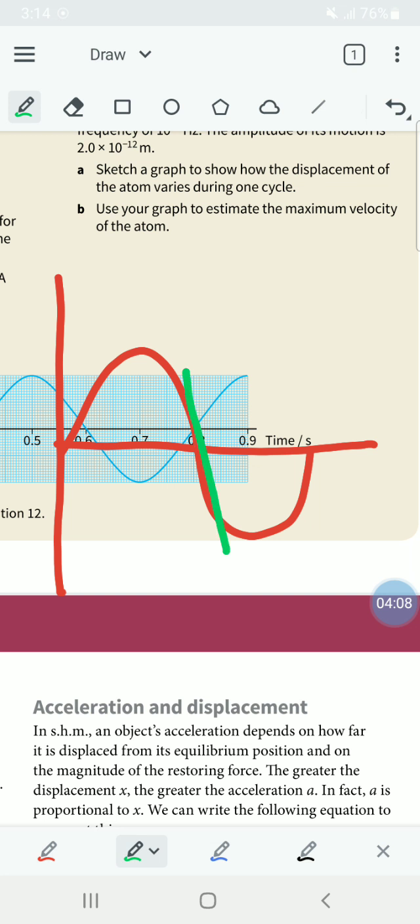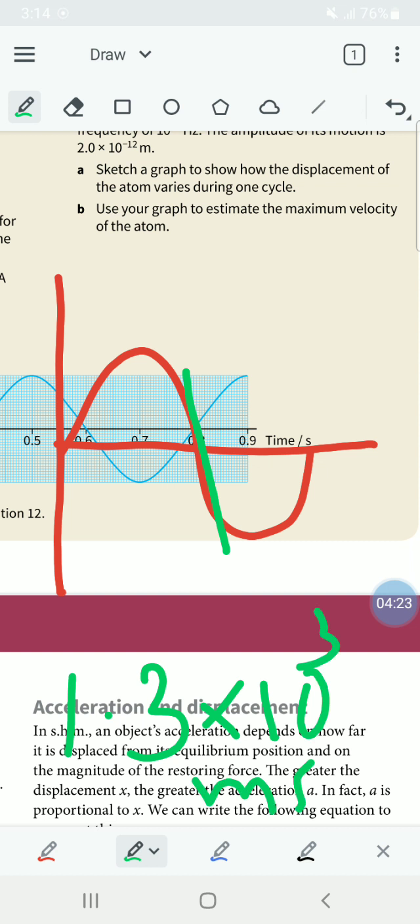So you draw the tangent and then find the gradient at the steepest point, and if you have done it right, you would get somewhere around 1.3 into 10 to the power 3 meters per second as the answer. I'm pretty sure you must have got it. If you have any doubts, please raise questions.